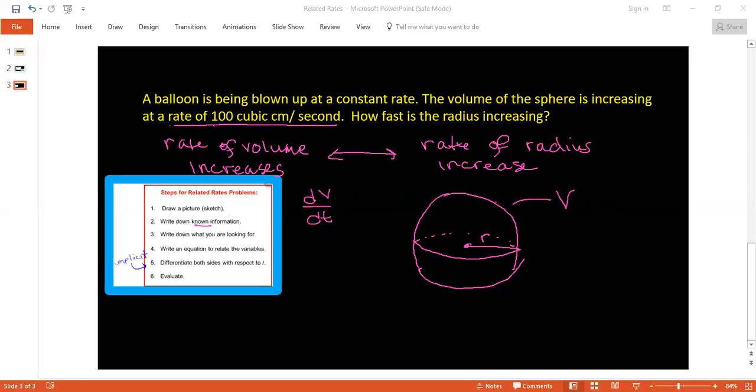So dV/dt is equal to 100 centimeters cubed per second. I also know that the volume of a sphere is equal to 4/3 pi r cubed.